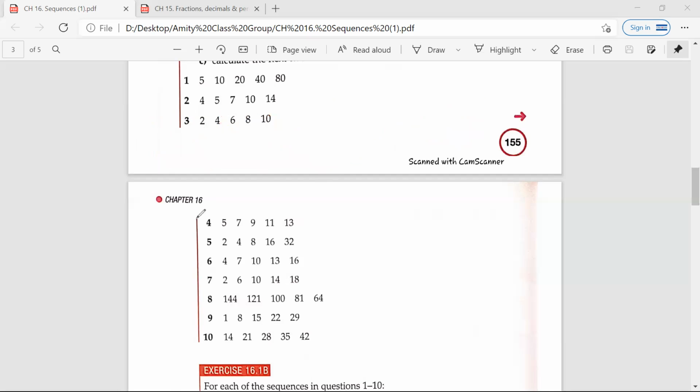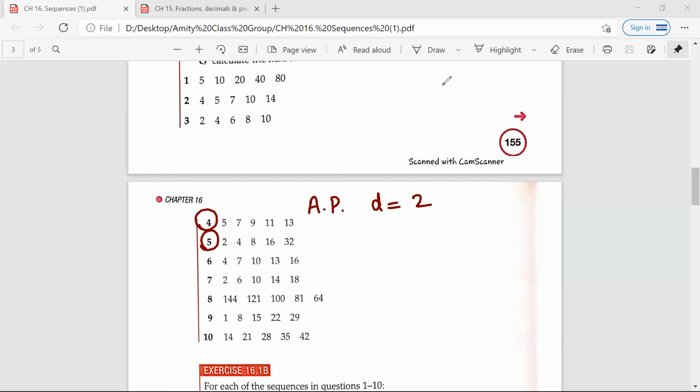Okay. So, Sanvi, question number 4. Question 4 is an arithmetic progression. Shabash. And the common difference would be 2. Shabash.